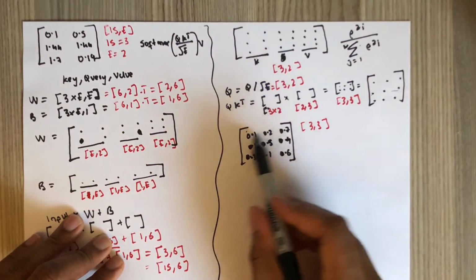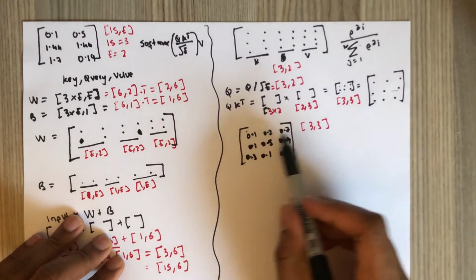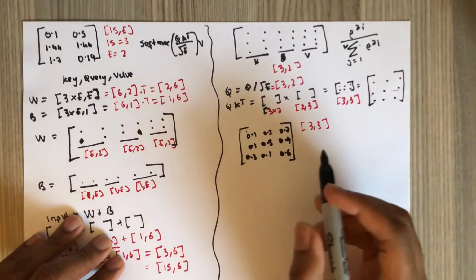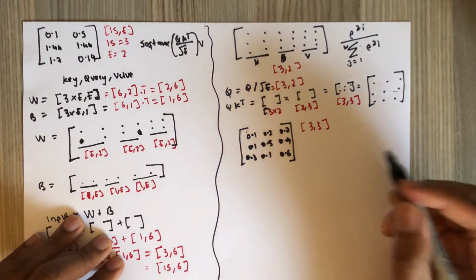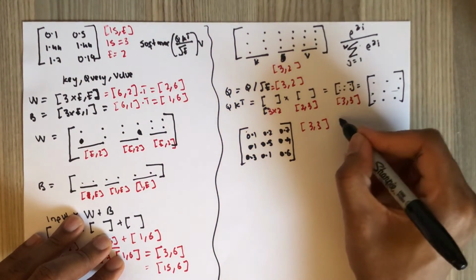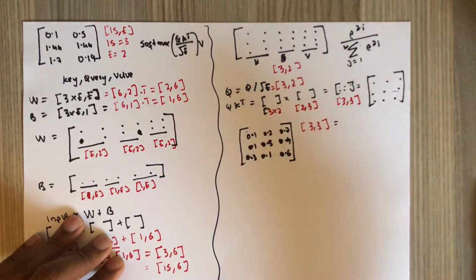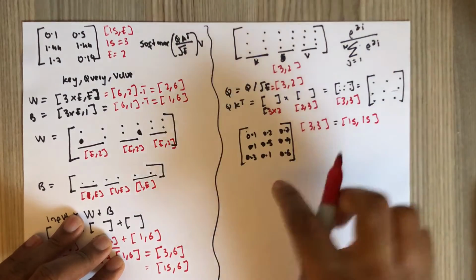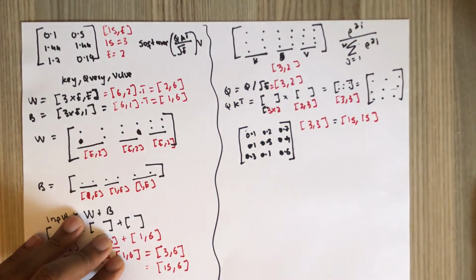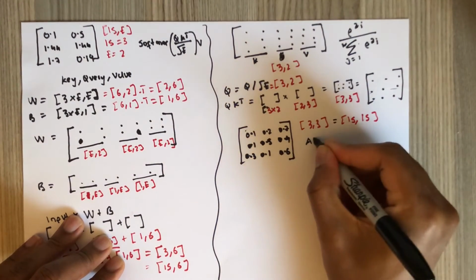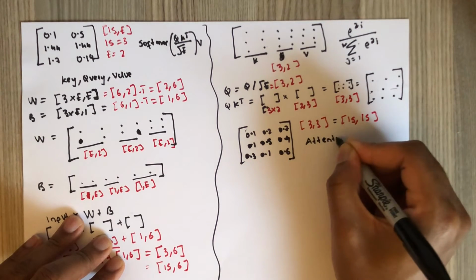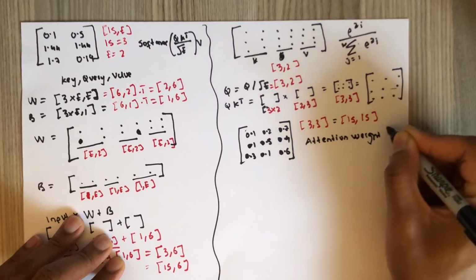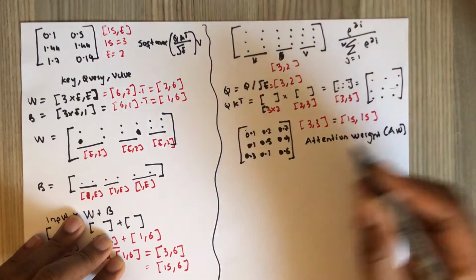So each row sums up to 1. And what this means is the dimension is 3 by 3, and we call this result of the softmax the attention weight, or AW.